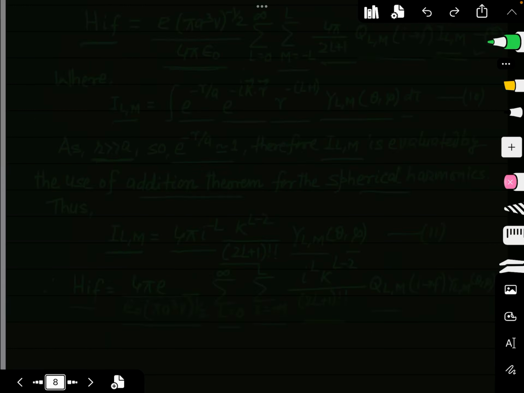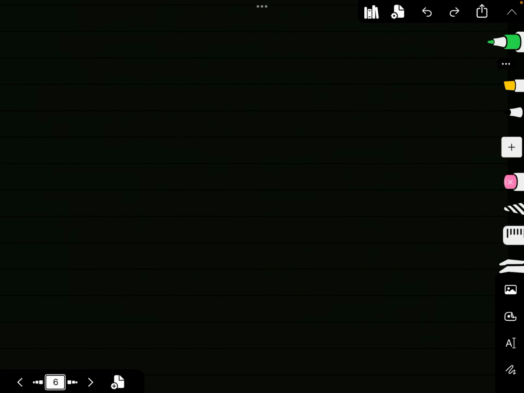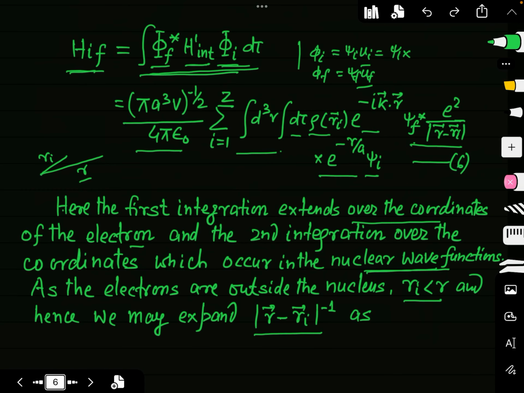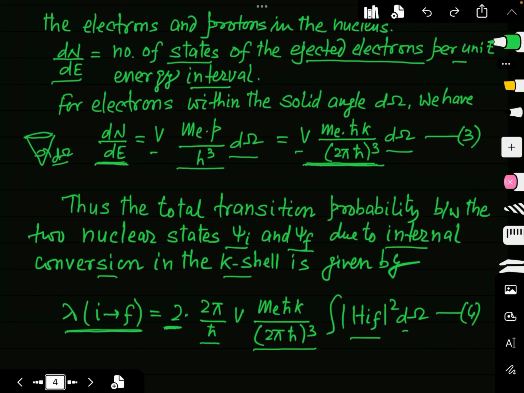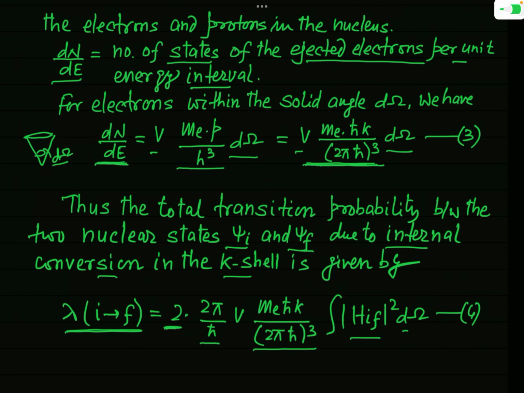So what we have to do now? For this, we have to substitute the value of this HIF in this equation number 4. In this equation 4, you can see this is the transition probability lambda I to F, and we have to put the value of this matrix element HIF in this equation.